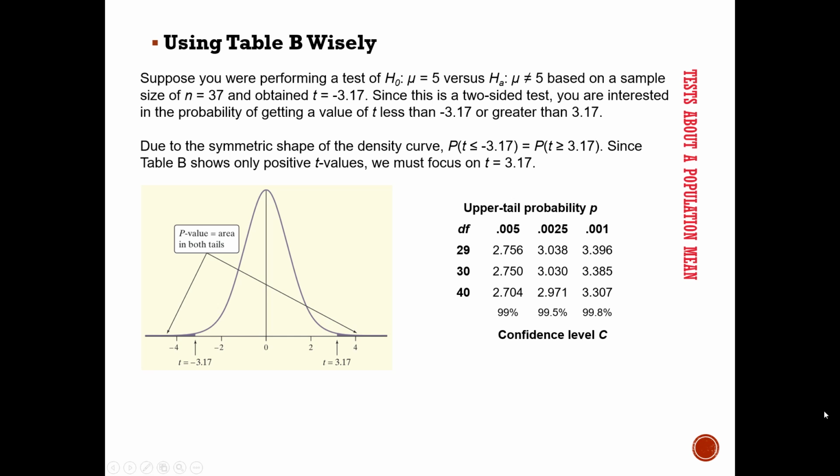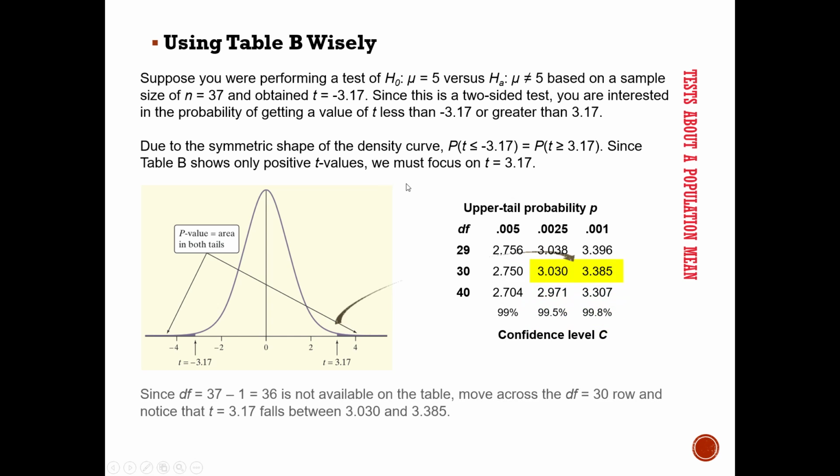So we look over here at the table. Remember that our sample size here is 37. Since we do not have quite 40, we're going to use 30, which is less than. You always want to use the degrees of freedom less than the one you have available.